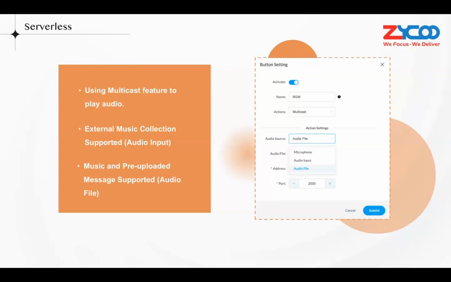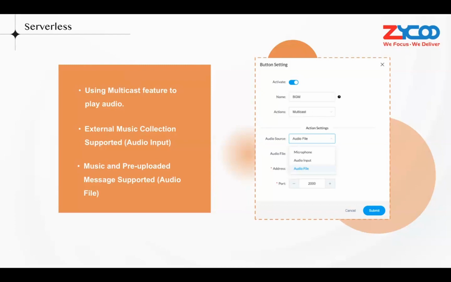For example, when the M100 and a speaker such as our Zyco IC10 speaker are deployed in the same local network, the communication can be established using the multicast addresses. And users can select the microphone option under the multicast. The M100 can broadcast directly through the IC10 instead of communicating through the SIP server.